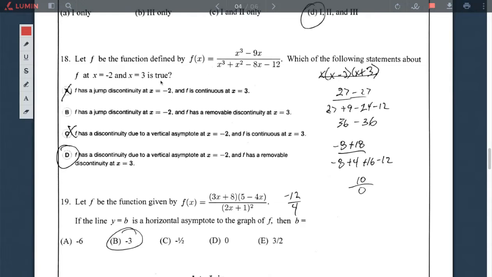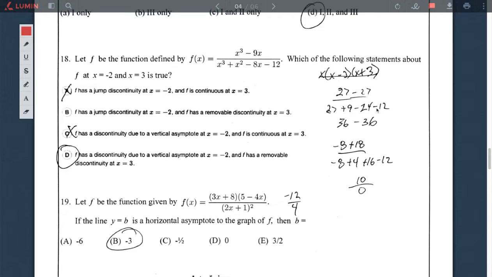On the bottom, we want to see if both of these make the bottom 0. So if I plug in -2, -2 cubed is -8. -2 squared is 4. -2 times -8 is 16 and gives me that. So that does give me 0, and I went ahead and plugged it in the top as well. It gave me a number over 0, which verifies we have an asymptote.